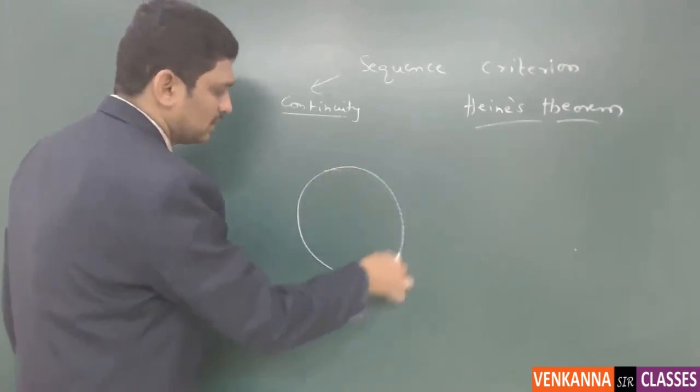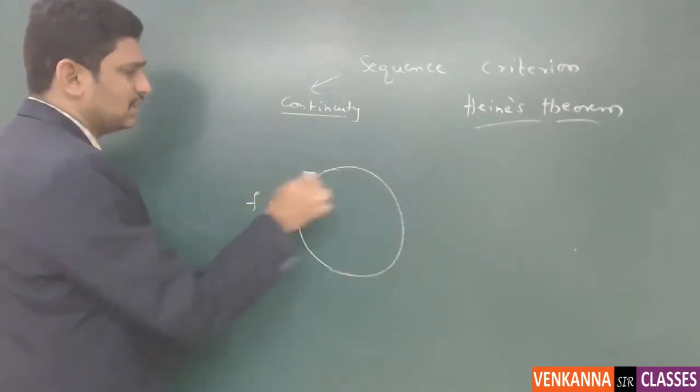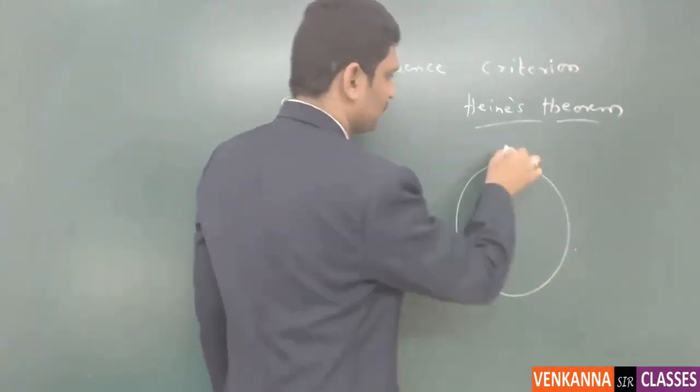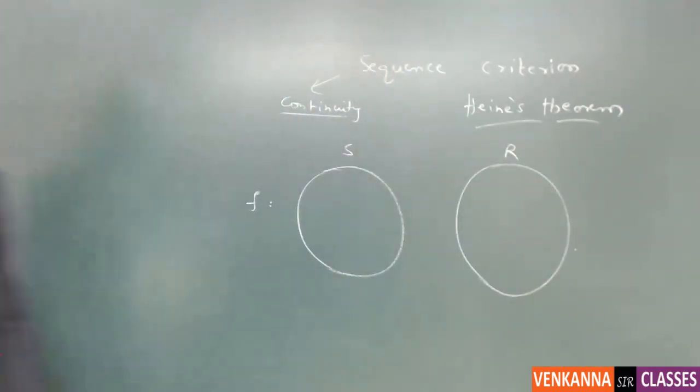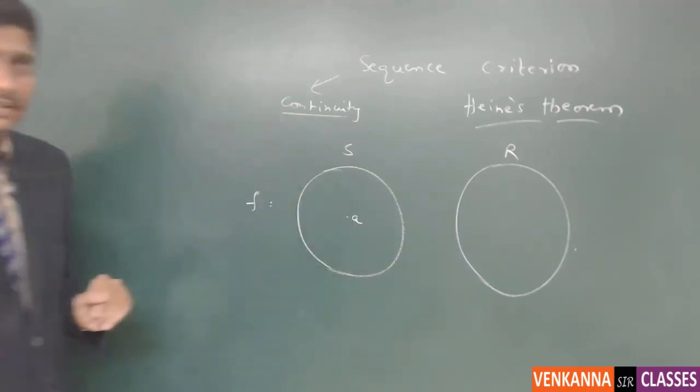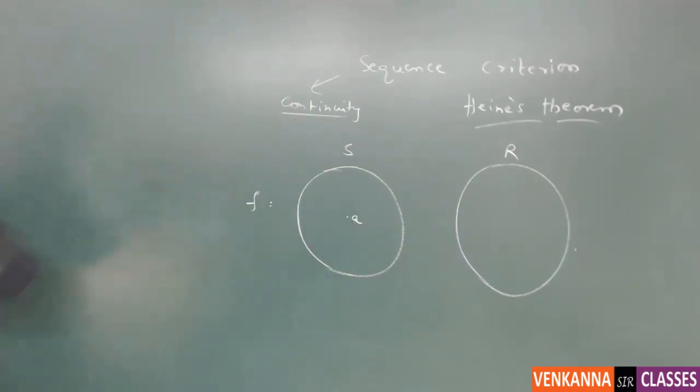Suppose f is a function defined from the set S to R, the real numbers. Because we are dealing with real analysis, always we are talking about the real valued functions. Now what happens if you want to check the continuity of f at the point A?